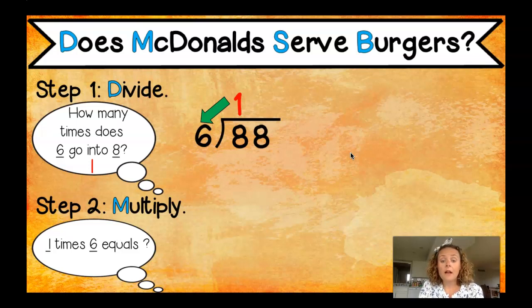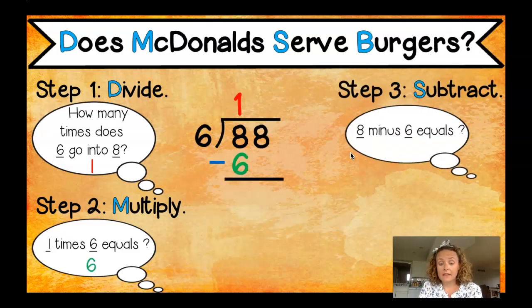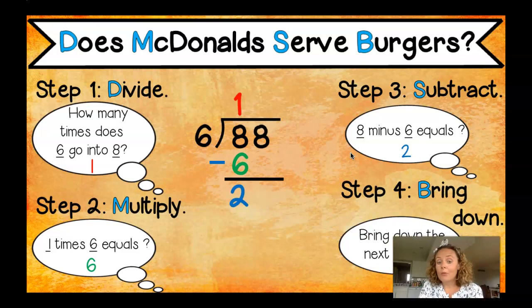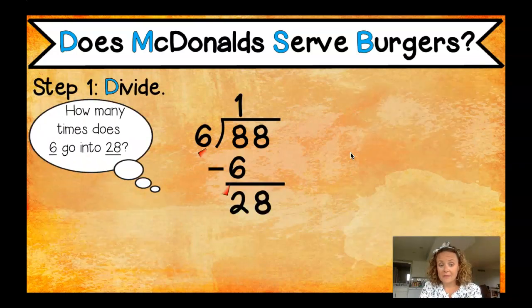What's the next step? We've done divide, multiply, subtract. 8 minus 6. What is it? 2. Very good. What's the final step? Bring down the next number, 28. So, how many times does 6 go into 28?